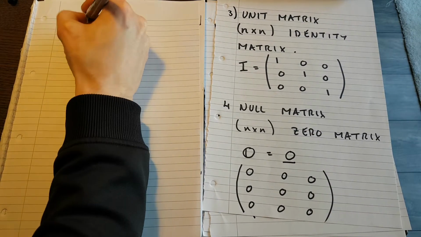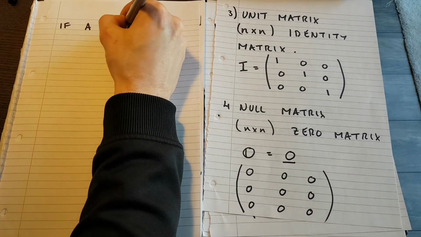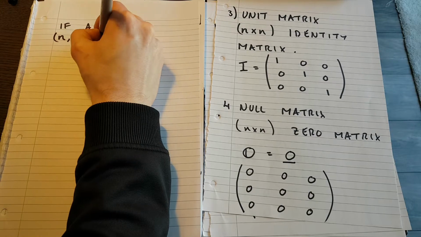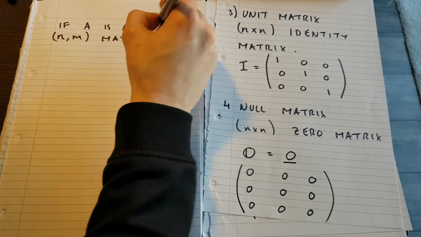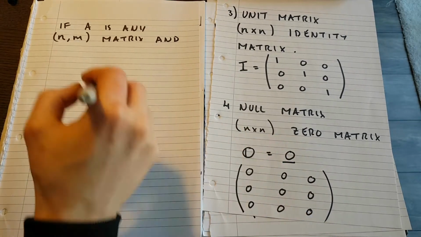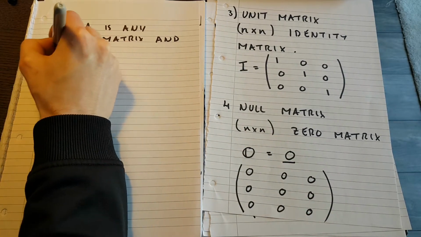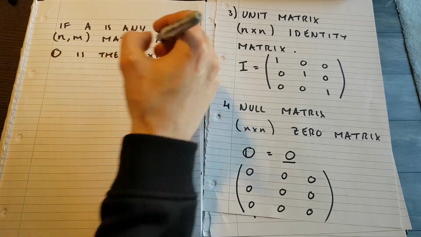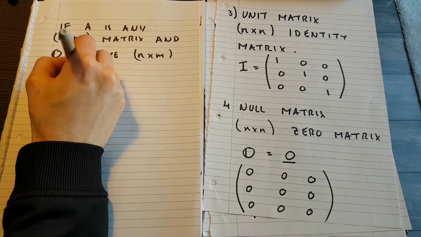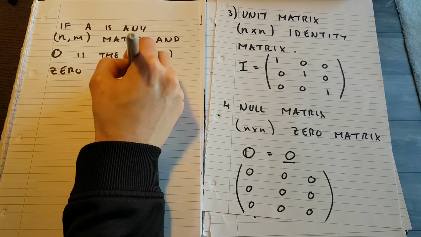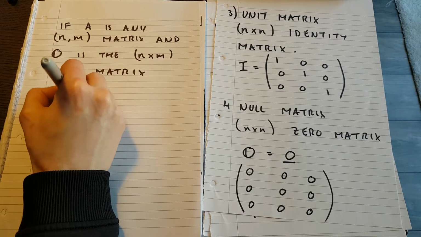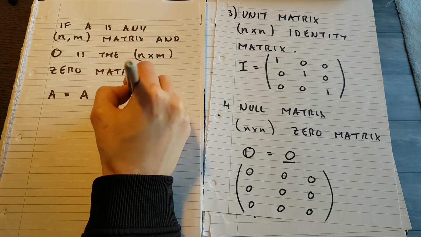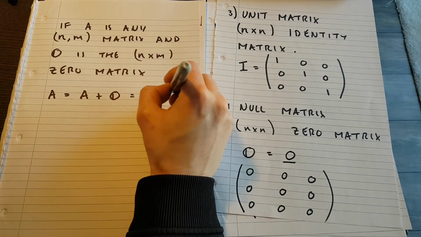If A is any n by m matrix, and you know what, I'll use this 0 notation here, 0 is the n by m 0 matrix, well then A plus the 0 matrix is the same as A, which is the same as 0 plus A. Okay?